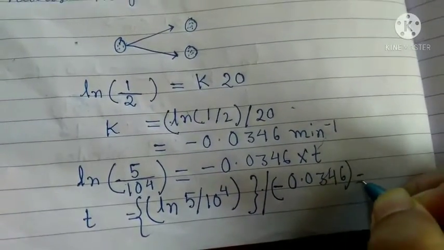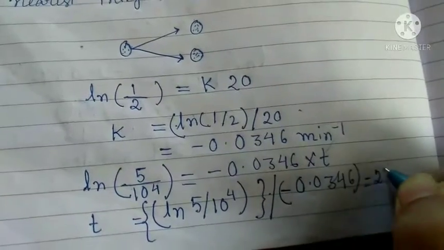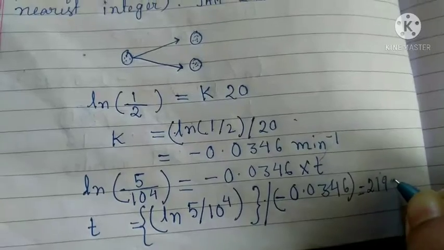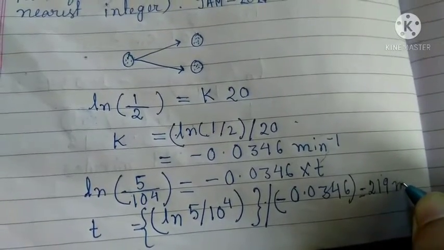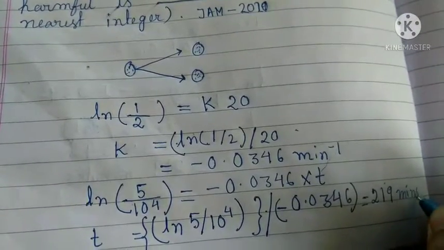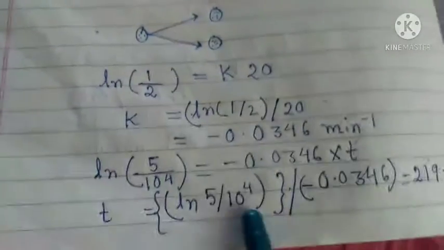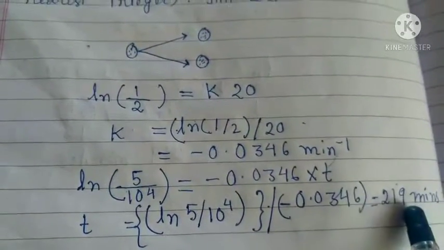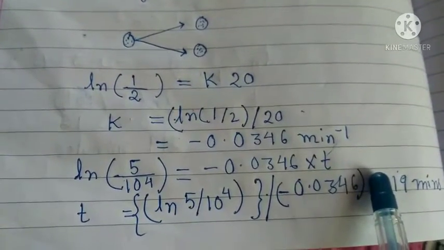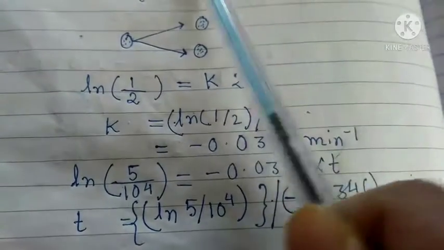The time is around 219 minutes. So it will take around 219 minutes to make the colony become harmful.